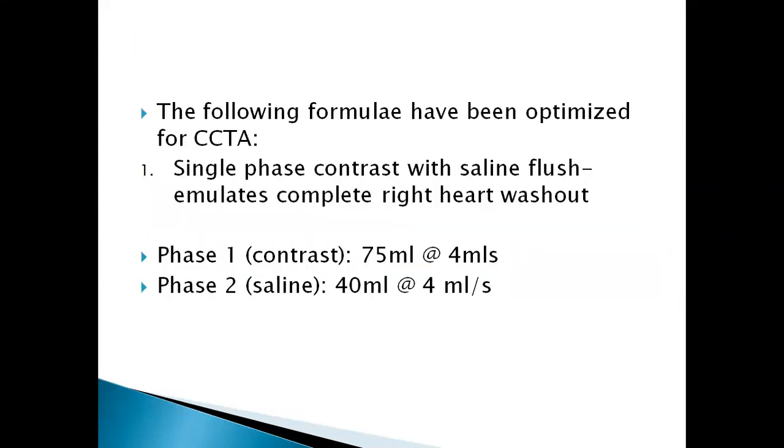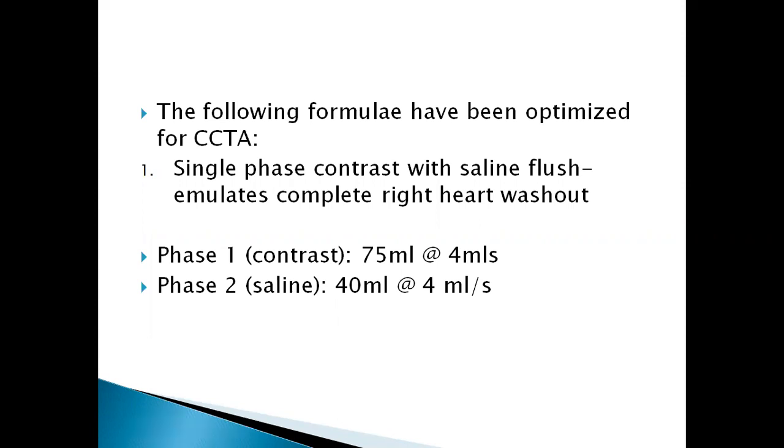Then how do you inject the contrast? Is it the same as any other examination? There are actually two ways of injecting contrast when you're doing this examination. You may first go with contrast at 4 mils per second, then you flush out with normal saline, also at 4 mils per second.